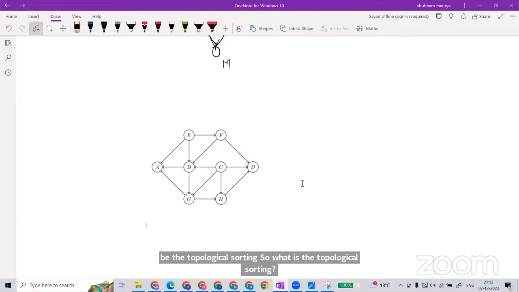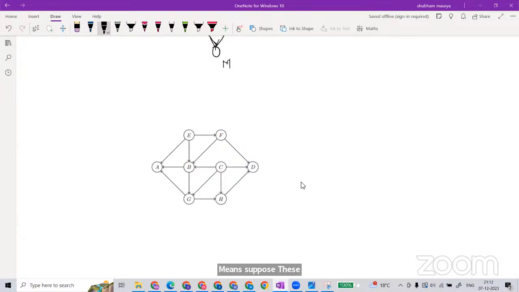Suppose these are the courses, like course E, then F. Sorry, these are the subjects. We can even say these are the subjects in a course.